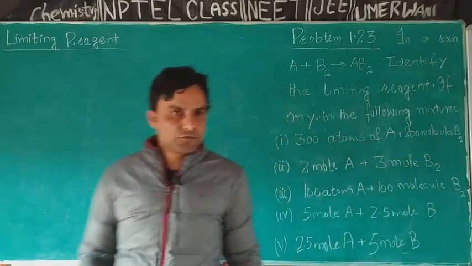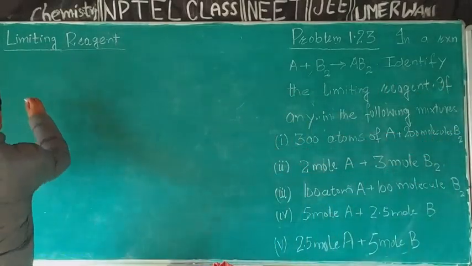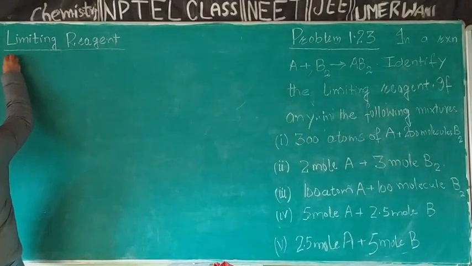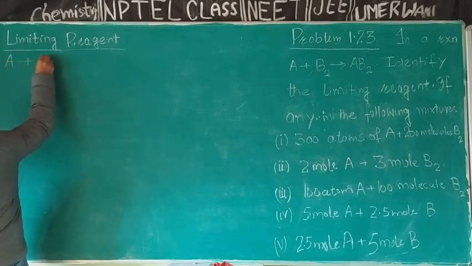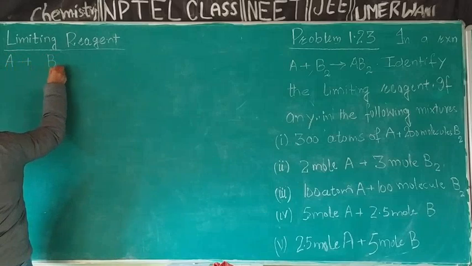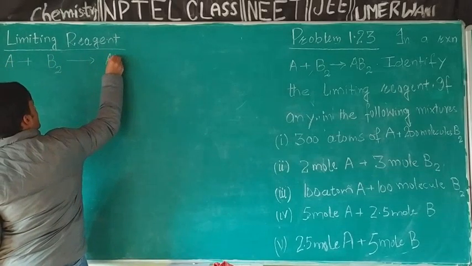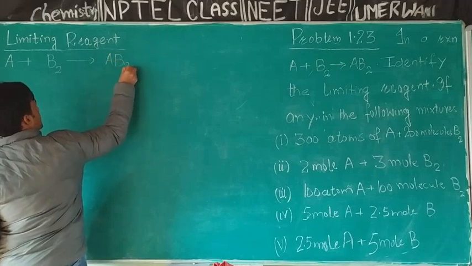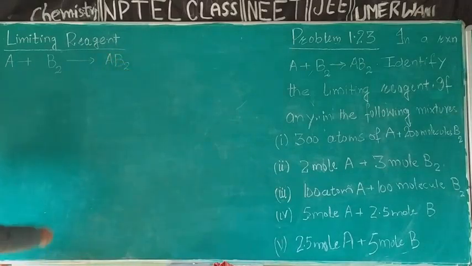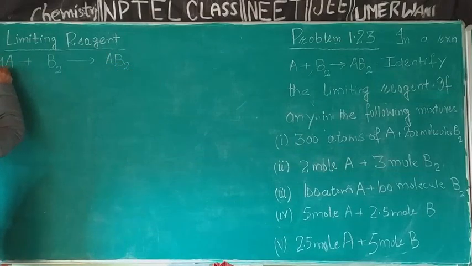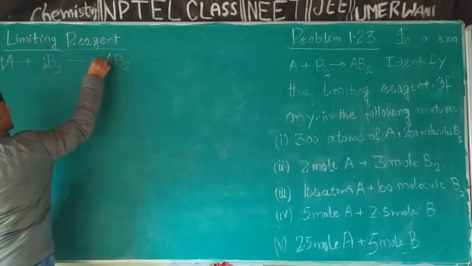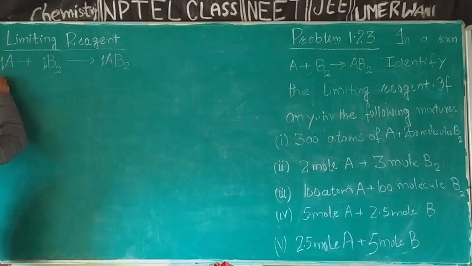Let me take the first part. First I will write the reaction. The reaction is A plus B2 gives AB2. This is a balanced chemical equation. In a balanced chemical equation, the stoichiometric coefficients of reactants and products determine their moles, atoms or molecules.